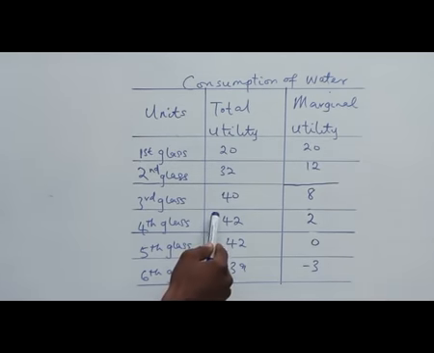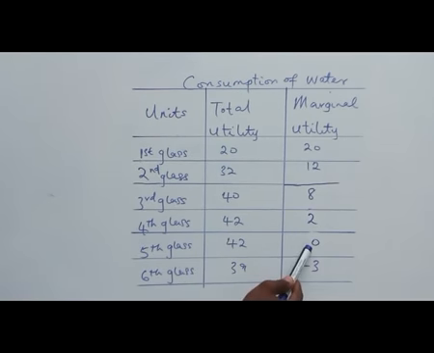The difference between the 4th glass and the 5th glass is 0. The implication is that the person has not derived any satisfaction when he took the 5th glass of water. So there is no increase in the consumption. That is, the marginal utility is 0. Now, let's assume the person moves forward to take another glass of water, that is the 6th glass.